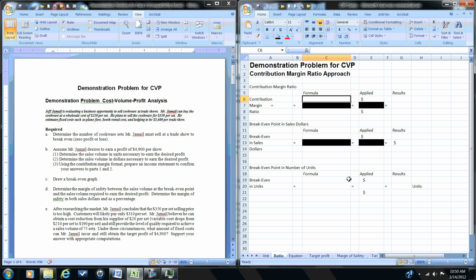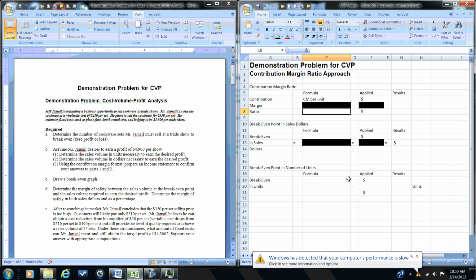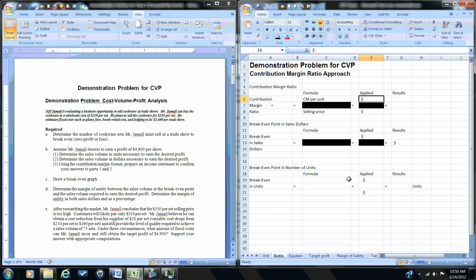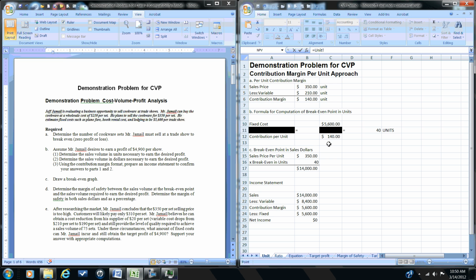And the formula for this is the contribution margin per unit divided by the selling price. The contribution margin per unit was calculated in our first part of the problem as being the sales price of $350 minus the variable cost of $210, giving us a contribution margin per unit of $140.